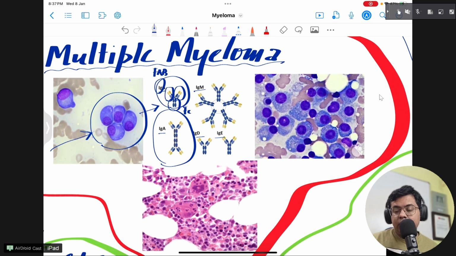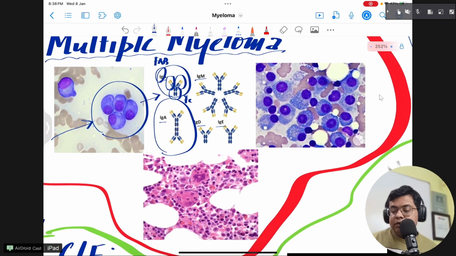And here you can also see that these long chains, this long structure, is basically the heavy chain of one antibody, and associated with it are these smaller structures, as you can appreciate here, which are the small chains.